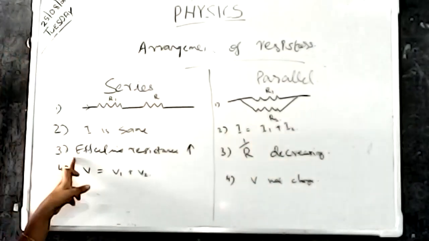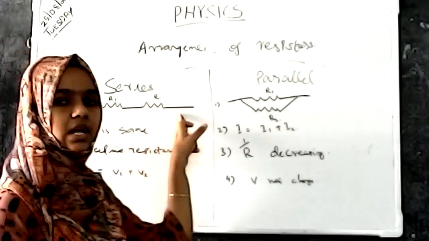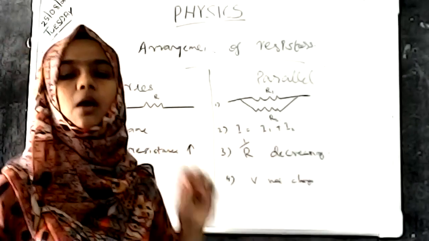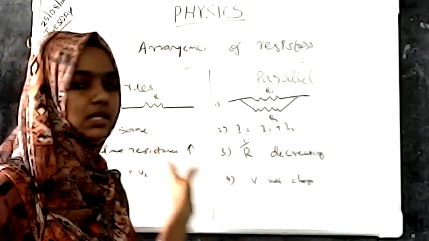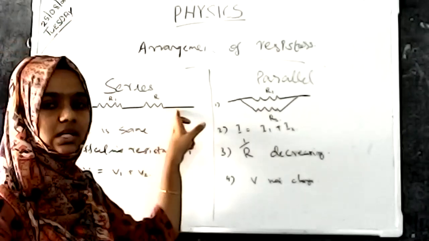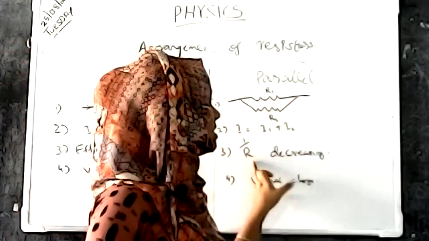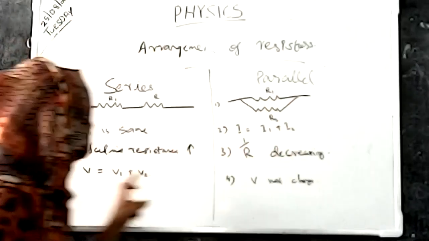In the third point, effective resistance increases in series connection. The bulbs glow more brightly in series connection because the effective resistance is more. In parallel connection, the effective resistance is decreasing.